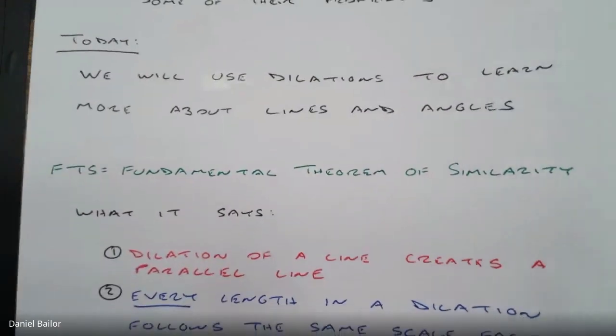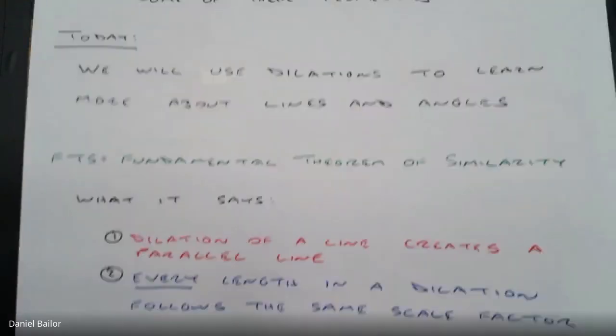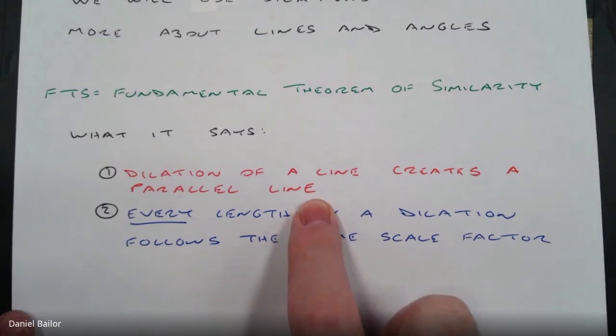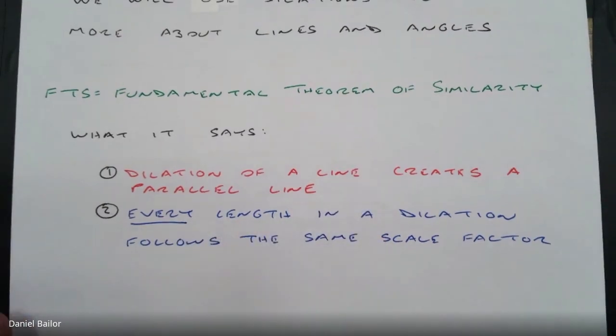And remember, the fundamental theorem of similarity says dilation of a line makes a parallel line, and every length in a dilation follows the same scale factor. That's why it's important to be able to find the scale factor, because if you find the scale factor one time, the scale factor is true for the whole dilation.